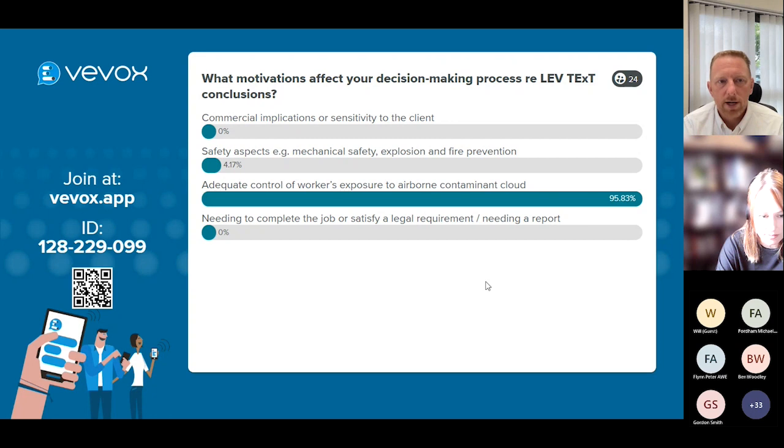You do the user training, you leave them to it, and then you go back a year later and find they do something different. They don't use it how it's intended. That could be capture hoods not covering the working zone, or partial enclosures, which was our instance, where somebody wasn't working within the enclosure. They've decided to take the work out of the enclosure.